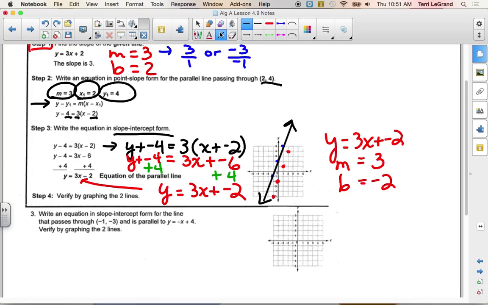Take our ruler and draw a line going through our 3 points. And find out that that line also does what? Goes through our given point that we had. So we probably have a good equation, because it went through the point it was supposed to. And our lines look parallel, right?